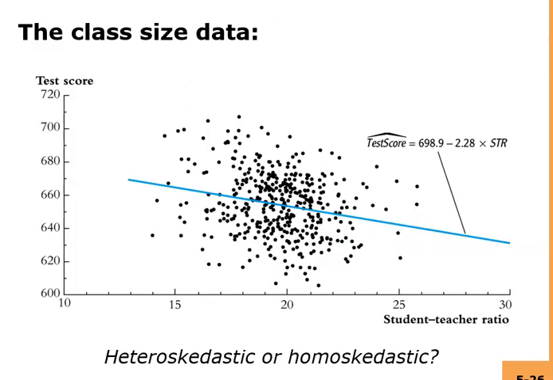Now this is the case of the relationship between student-teacher ratio and test scores. As you can see, the distribution of u, I mean, it's hard to say whether this is a case of heteroskedasticity or homoskedasticity, because the distribution does not really become wider or smaller, or at least does not look visibly wider or smaller as x changes.